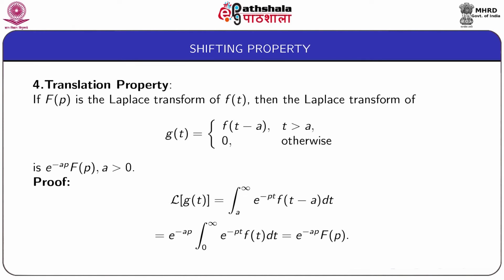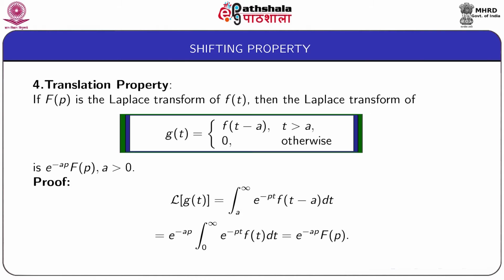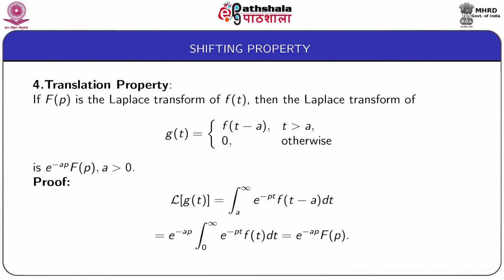Next comes the translation property. If capital F(p) is the Laplace transform of small f(t), then the Laplace transform of g(t) equal to small f(t minus a) for t greater than a and 0 otherwise is e to the power minus ap capital F(p) for a positive.